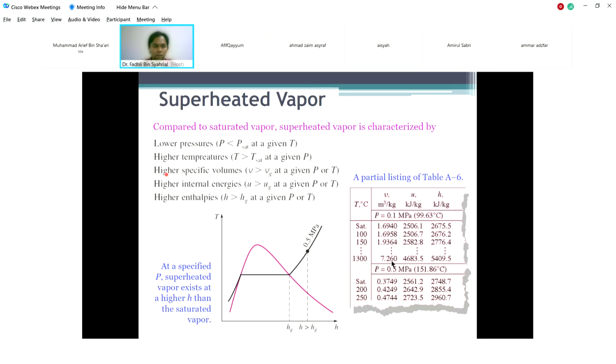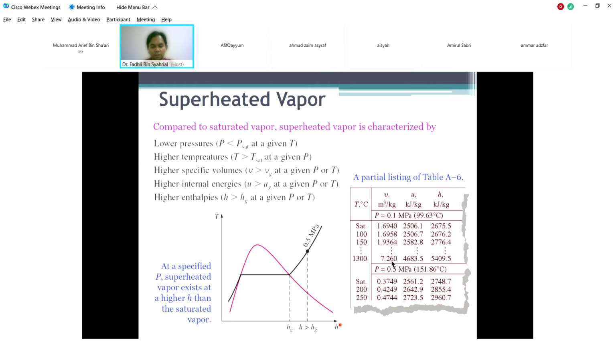So the third characteristic says that it has higher specific volume than VG. So V here is higher than VG here at the given pressure, or even temperature in another diagram. Number 4, it has higher internal energy than UG.